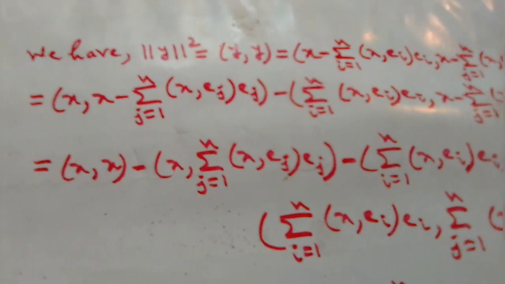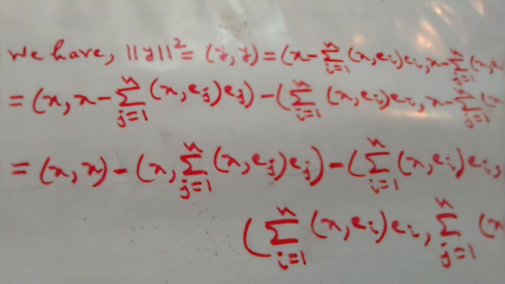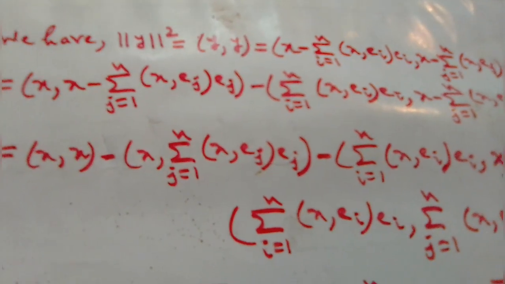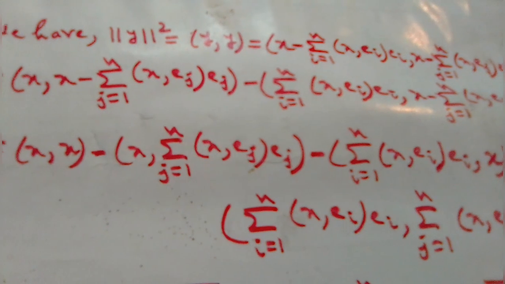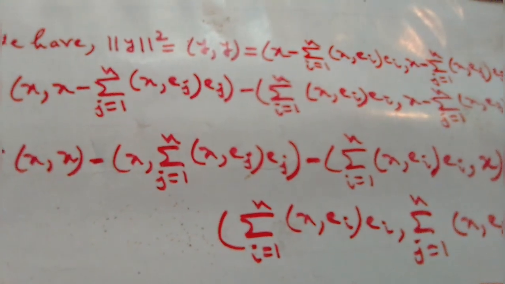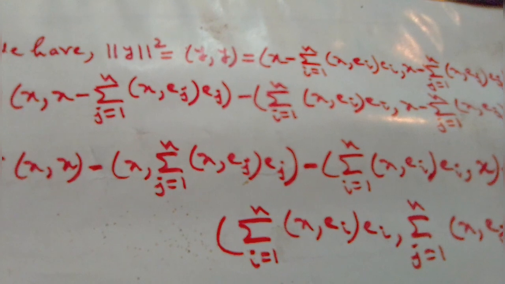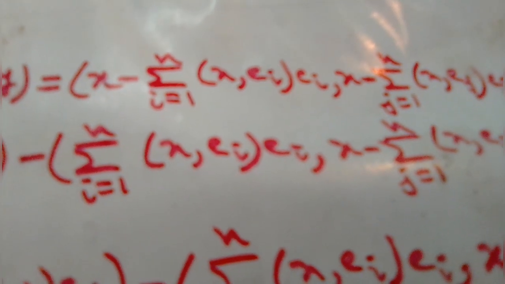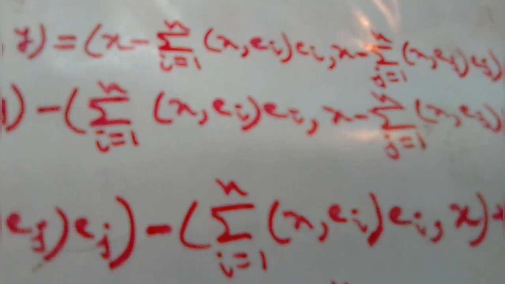Now we have the norm of y whole squared. That means y dot y, from the property of inner product, substituting our consideration: x minus the sum for i equals 1 to n of x dot ei, dot x minus the sum for j from 1 to n of x dot ej.